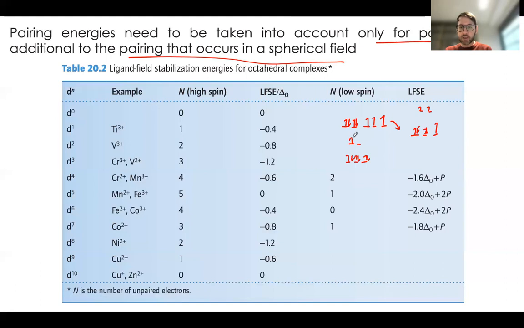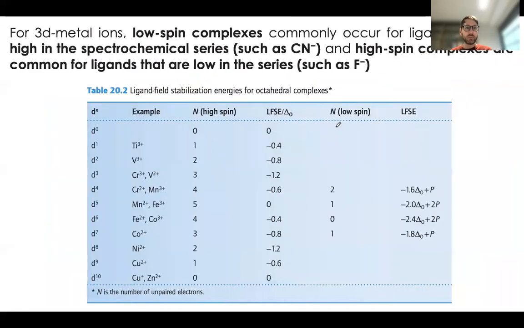So in this case, the pairing energy is only P, because we have only one additional pairing relative to the spherical case. So this is not 3P. It's only P because it's only one additional pairing energy relative to the spherical case.